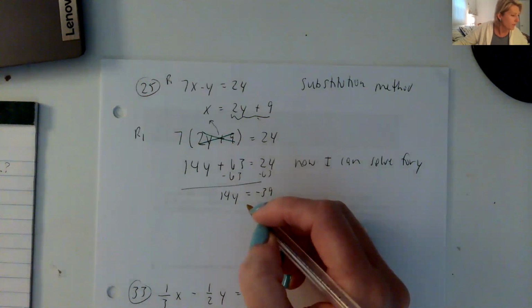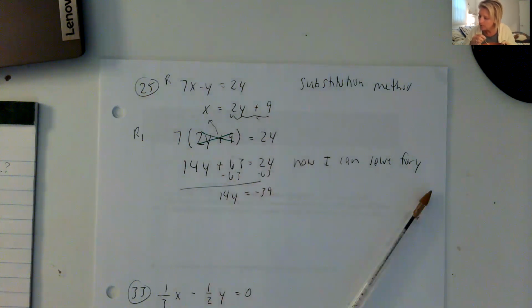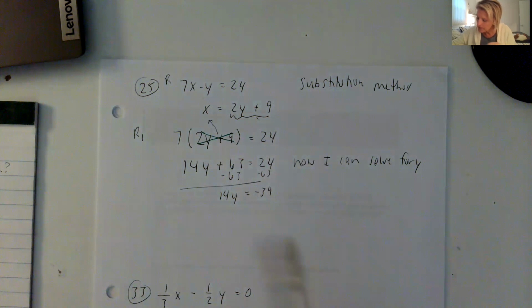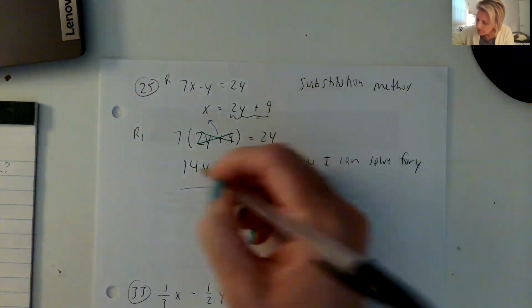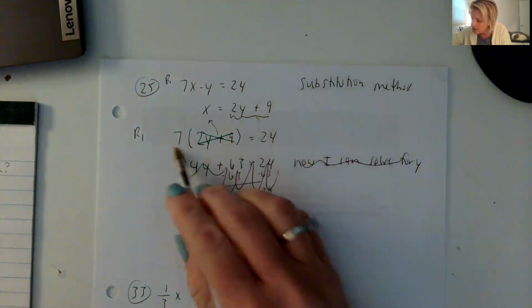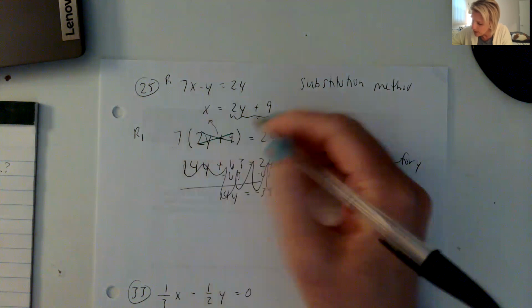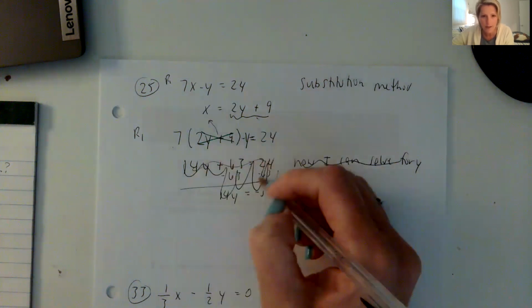And I just realized I didn't write something correctly. This is 7, and then I replaced x, but I forgot my minus y here. Minus y equals 24. I forgot that.